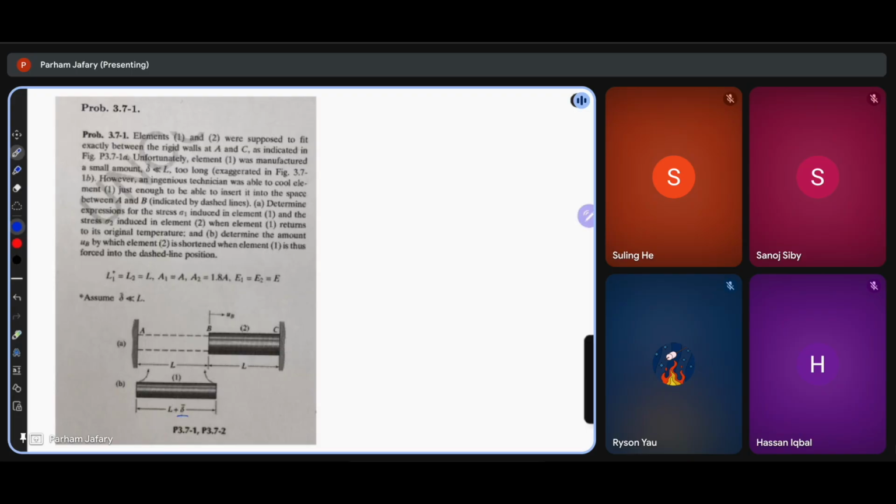And the nature is a thermal stress, thermal deformation, and because both sides are clamped, we have a statically indeterminate structure.